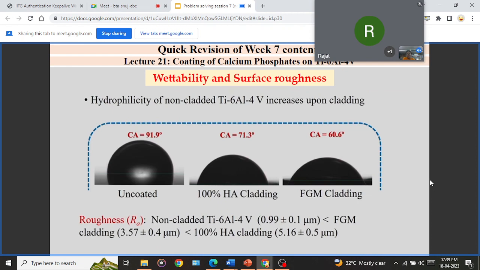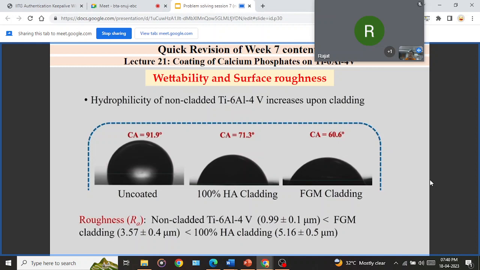So if we see the wettability and surface roughness in the case of laser cladded HA cladding and FGM cladding, the uncoated surface has a contact angle of around 91.9 degrees, whereas the 100% HA cladded surface has a contact angle of 71.3 and FGM cladding has 60.6.